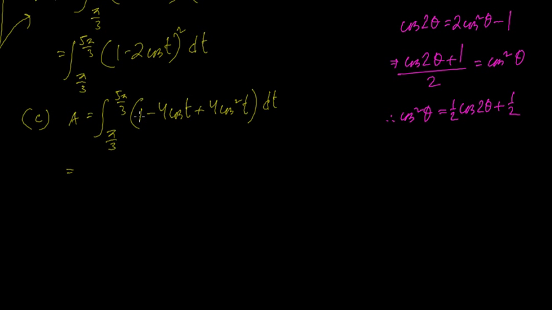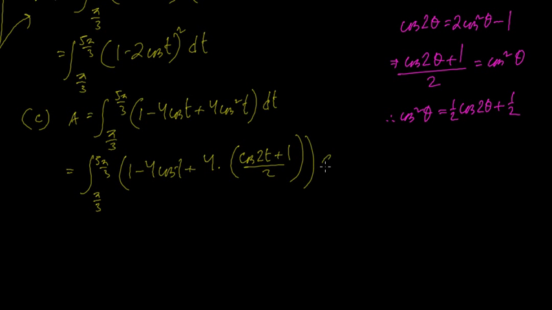So when you integrate 1 dt, it becomes t. Before that, let me rearrange and simplify it. So this is the integral from pi by 3 to 5 pi by 3 of 1 minus 4 cos t, which can be integrated by the fundamental rule of calculus, times 4, and let me write this one, it's easier, cos 2t plus 1 divided by 2 dt.